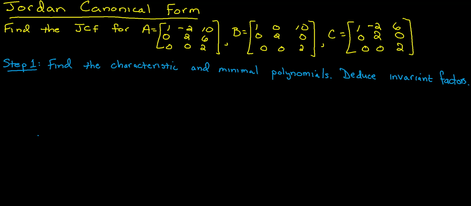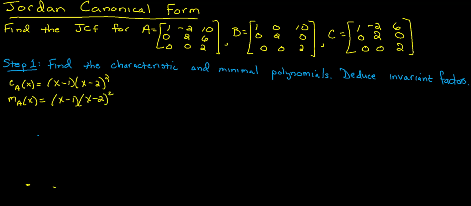Okay, so let's start off here. In a previous video, we determined that the characteristic polynomial for matrix A was x minus 1 times x minus 2 squared. We also figured out in a previous video that the minimal polynomial for A was x minus 1 times x minus 2 squared.